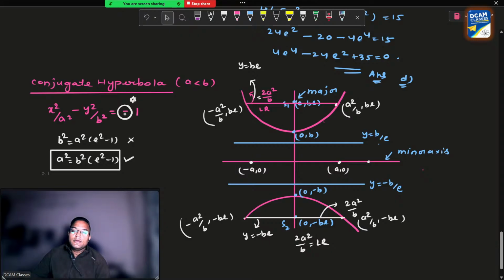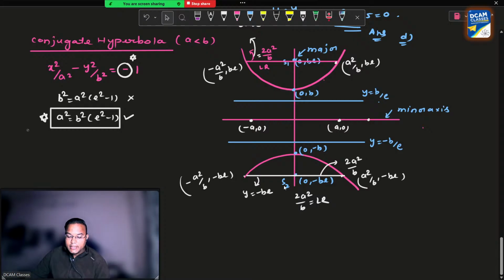One more thing you have to focus on: in the conjugate hyperbola, you have to put a minus sign here, in the original hyperbola equation. That's all. These two changes only you have to focus on. Rest all things, the conjugate hyperbola is drawn this way. Clear? Just study it properly.